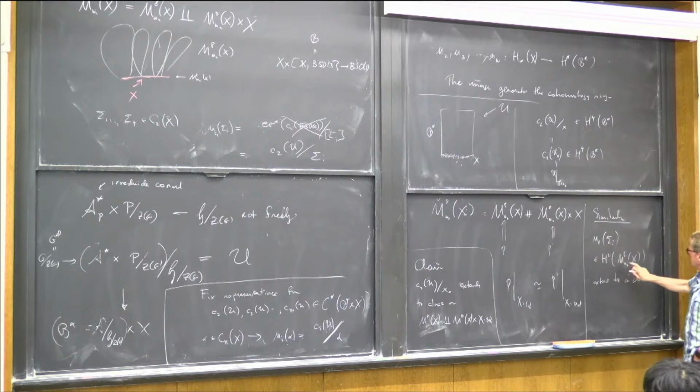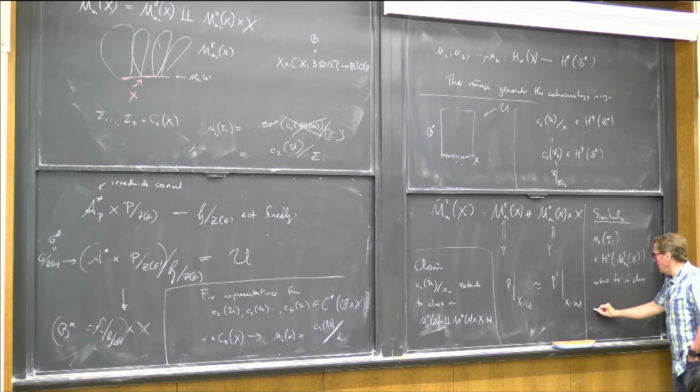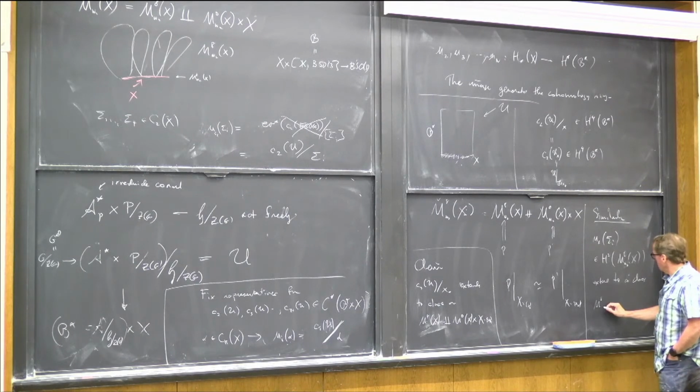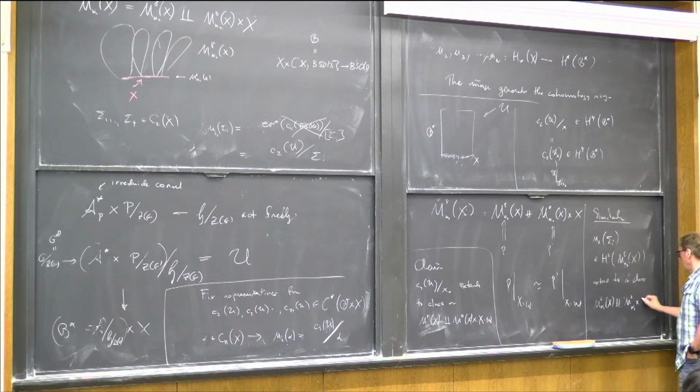So it's a class in the two-dimensional cohomology. It extends to a class, not on the full Uhlenbeck compactification, but on this thing, disjoint union the zero-dimensional moduli space times X, but on X minus sigma, or maybe a neighborhood of sigma, if I wanted to be a little bit more careful.